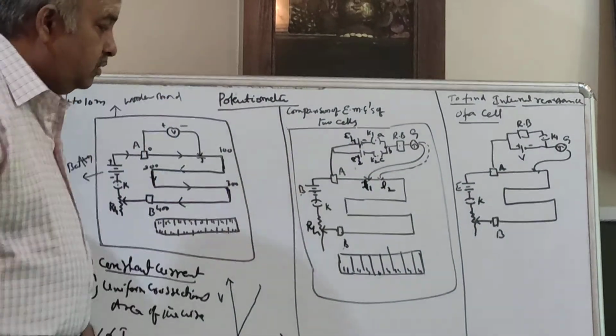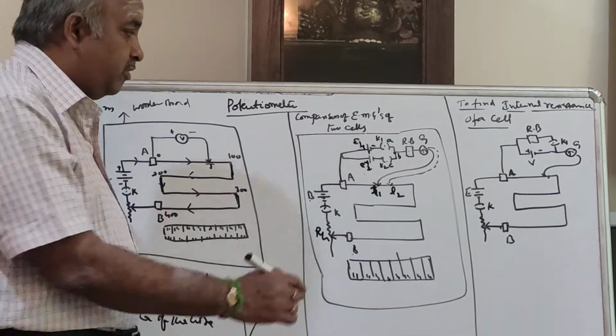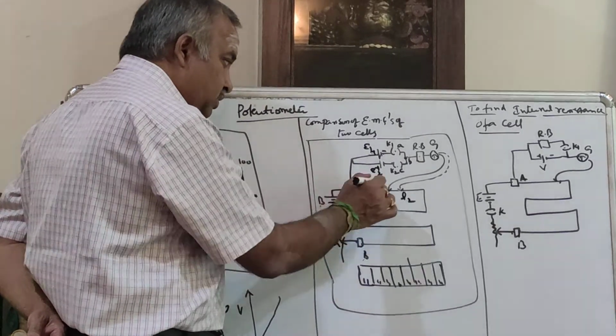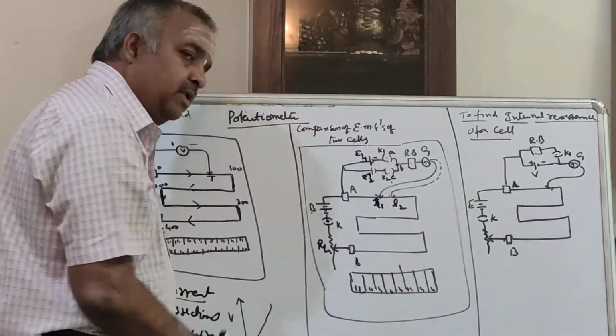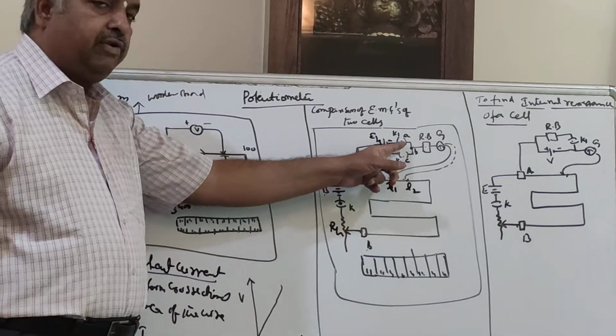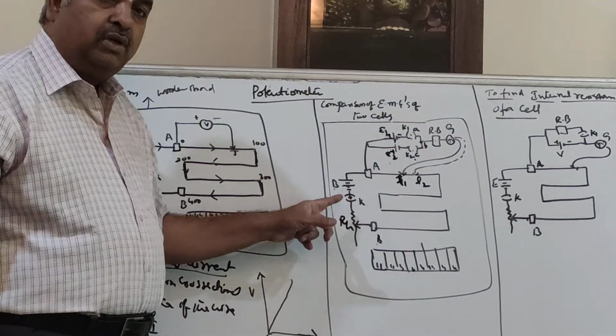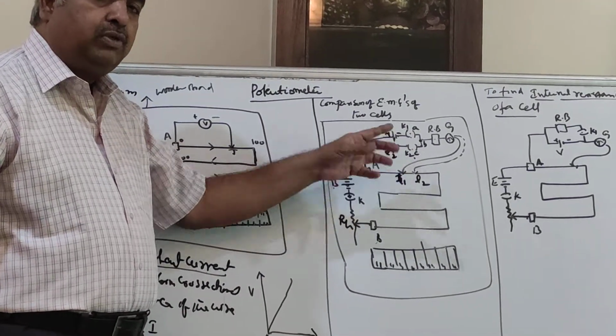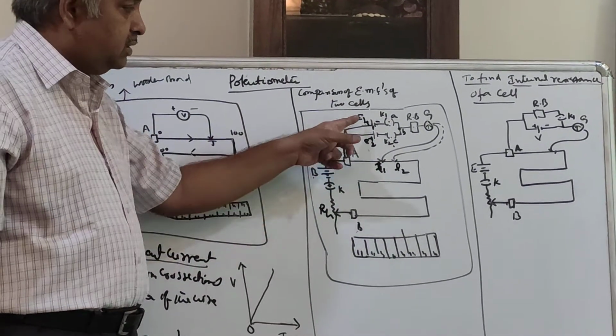Now, what we are going to do: K is the main plug key, closed. K1 and K2 are the plug keys for drawing current from the cells E1 and E2.